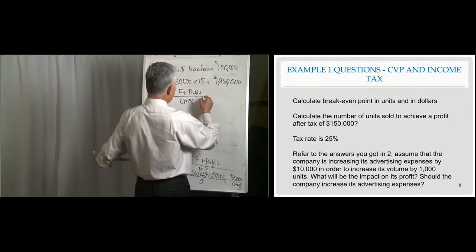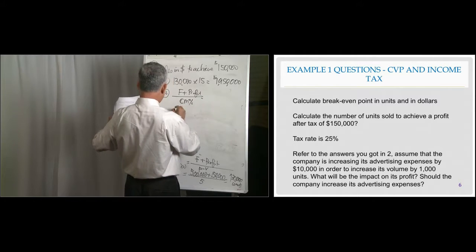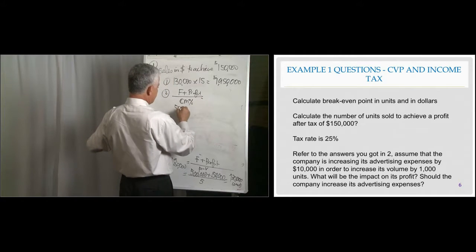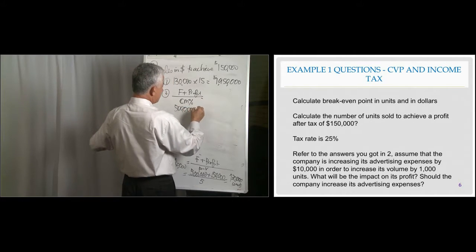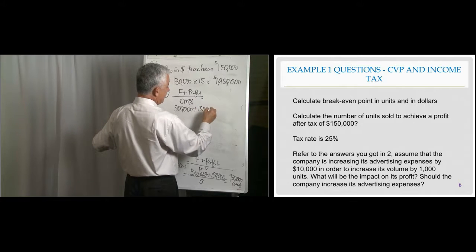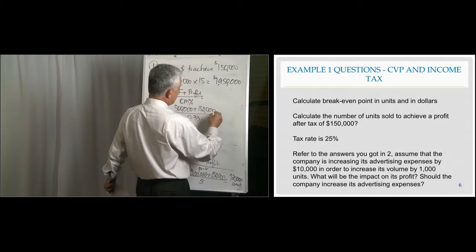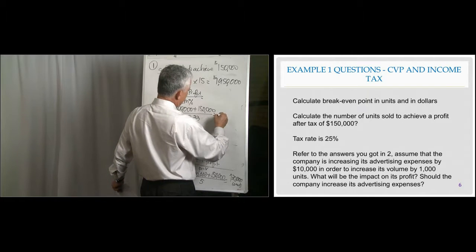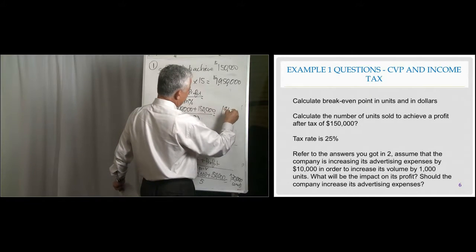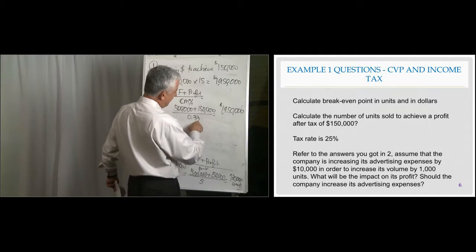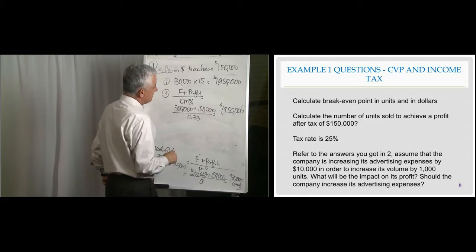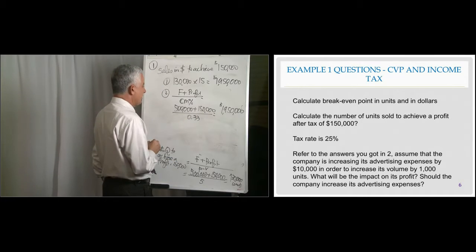And then if you plug in the numbers here, F is $500,000 plus the profit 150,000, divided by 0.33, which is our contribution margin ratio, you get something closer to 1,950,000. Because of rounding, you get a slightly different figure here.